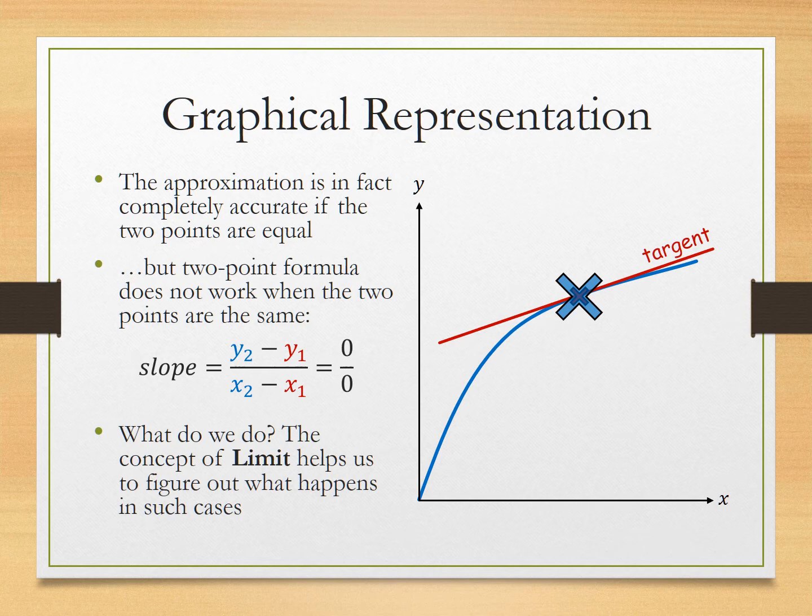As you'll see later on, the approximation actually has a pattern. So based on the pattern, you can deduce what the accurate slope is supposed to be, even though you can't actually calculate it with the 2-point formula at that point. So that's what we're going to do with limit.